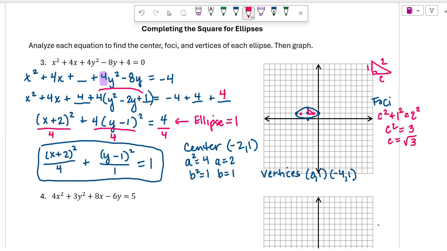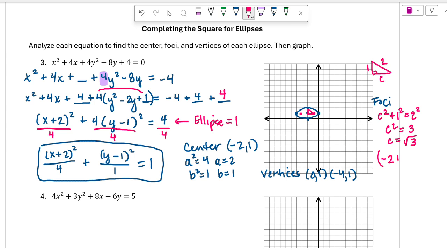Okay, so this is kind of crucial. Watch how we actually say where these points are. Basically we're going to go from the center and add square root 3 to the center and subtract square root 3. And as you can see, it's going to be in the horizontal direction. So our center is at negative 2 comma 1.